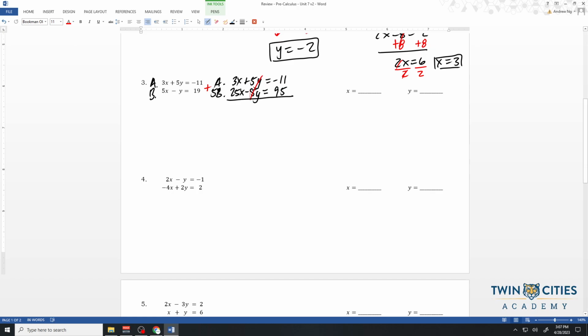We're left with 28x is equal to negative 11 plus 95. That's going to be 84. And divide both sides by 28 to solve for x. X is equal to 84 divided by 28 is 3.